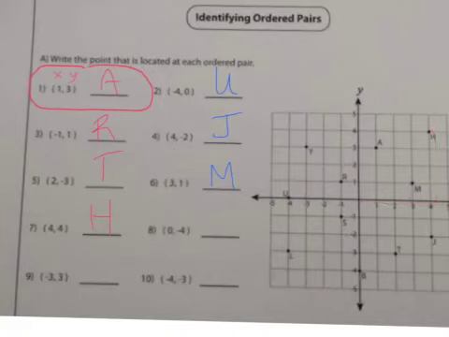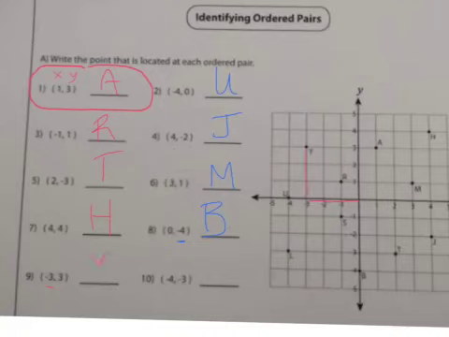Okay, number 8. We're going 0, so we're going left and right nothing, so we're going to stay here at the origin, and then -4, so that's down 4. So we'll end up at B, B as in boy. Alright, and number 9, we have a -3, so that's left 3, and then a +3, so that's up 3.